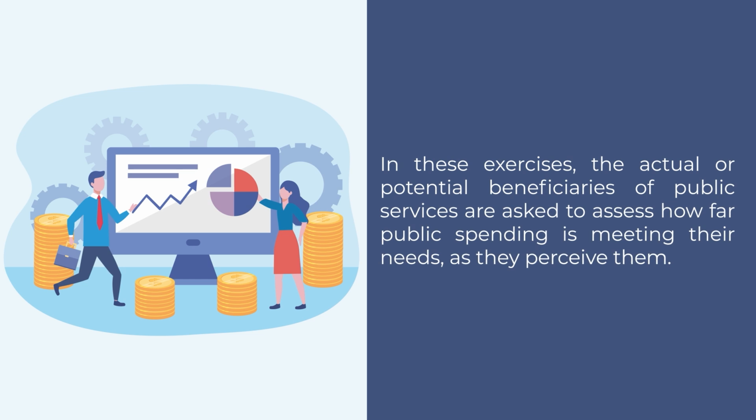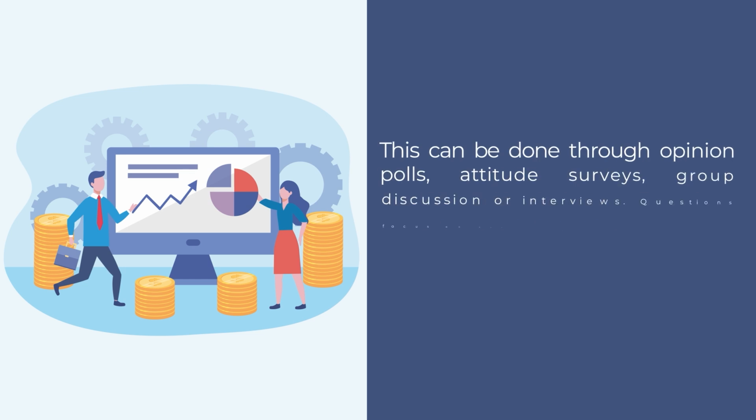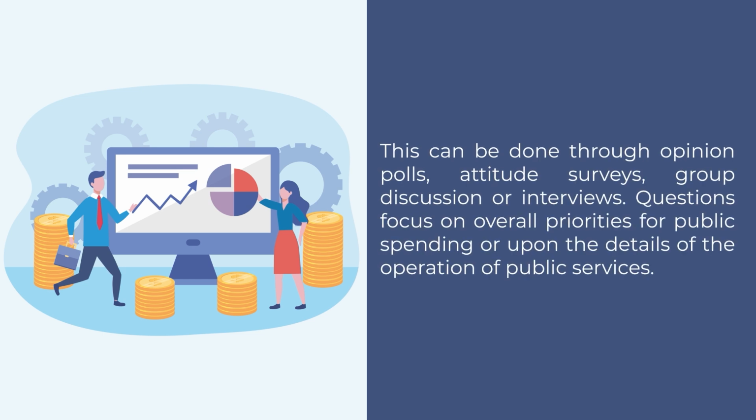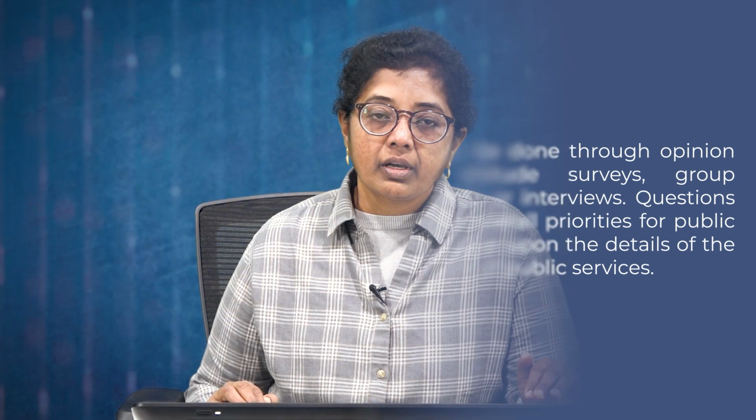In these exercises, the actual or potential beneficiaries of public services are asked to assess how far public spending is meeting their needs as they perceive them. This can be done through opinion polls, attitude surveys, group discussions, or interviews. Questions focus on overall priorities for public spending or upon the details of the operation of the public services.